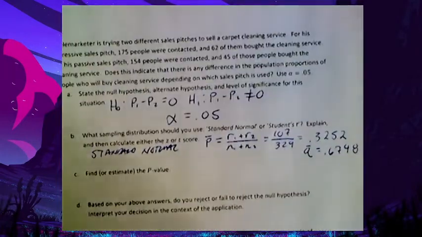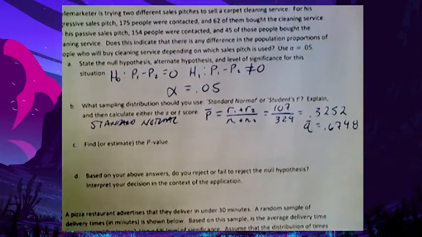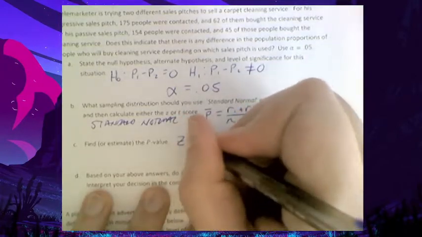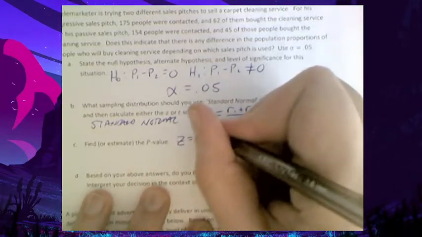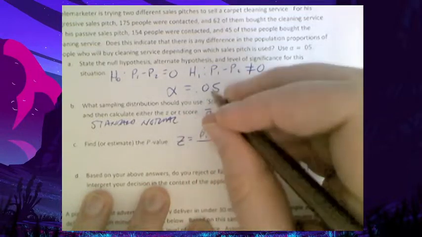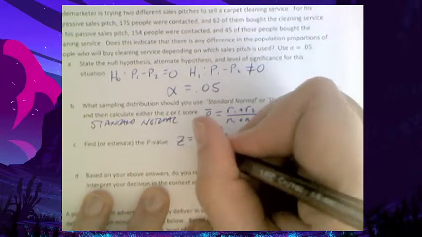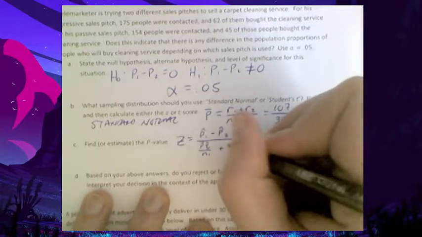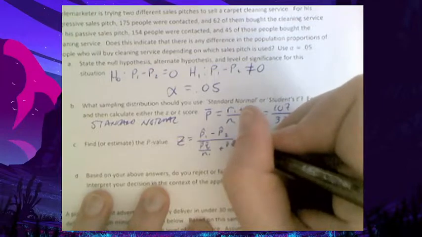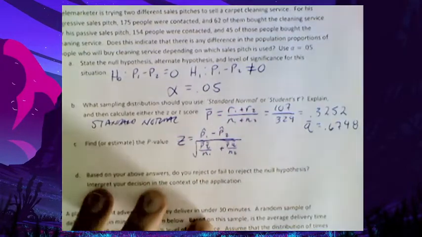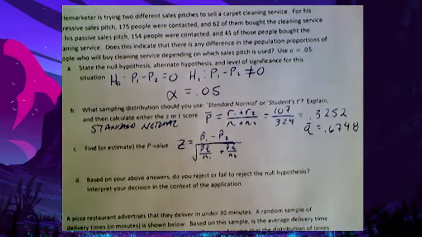Okay, now that I have those, I can find my z. My z here, if you recall, is going to be my p hat sub 1 minus p hat sub 2, over p bar q bar over n1 plus p bar q bar over n2, all square rooted. It's kind of ugly, but all of the bits we already have.